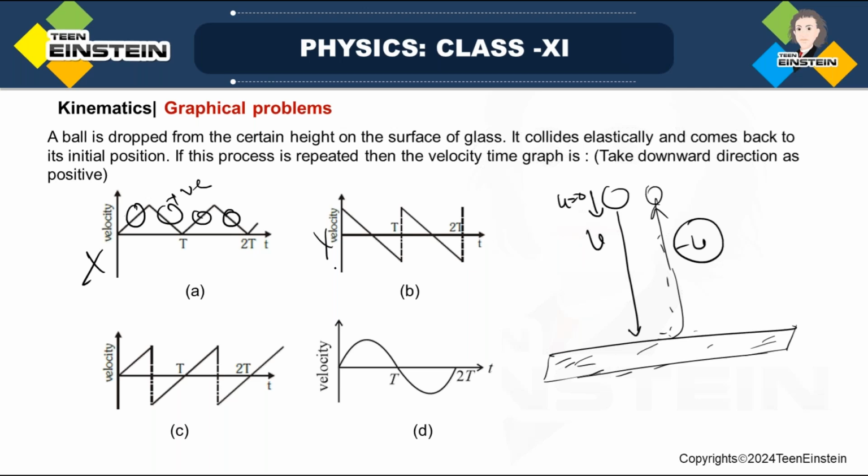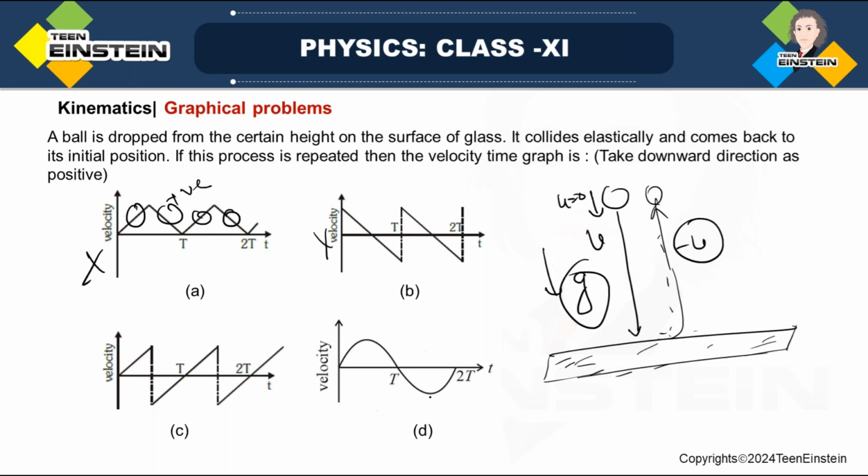Now among C and D, see the ball has dropped, then here the acceleration is the acceleration due to gravity, but the graph you see in D is actually sinusoidal variation that generally is written for SHM.